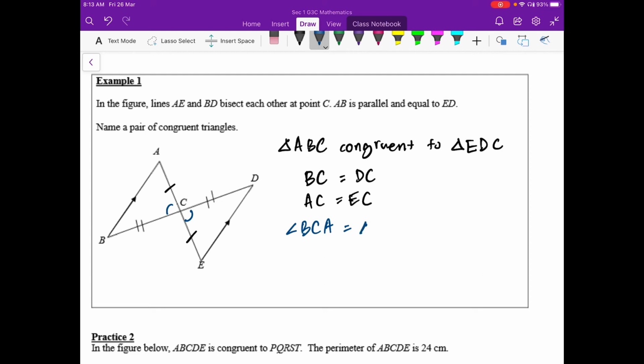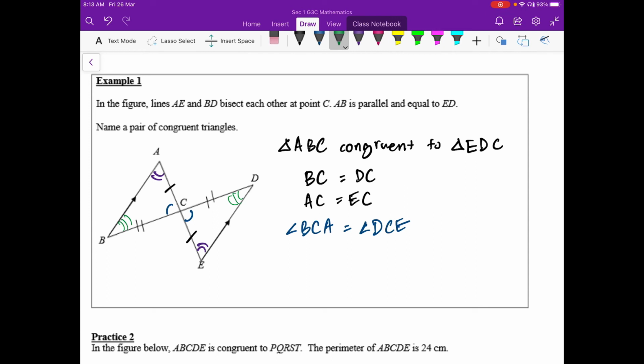DCE. Supposed to be equal. So let's check. DCE. Yes, correct. Vertically opposite angles. What else is there? We also have our alternate angles, the letter Z. And then another pair of alternate angles. So all these you can test them out to check out which is corresponding to which.